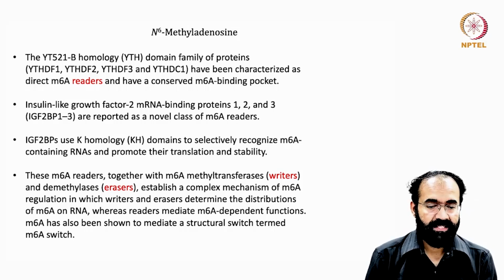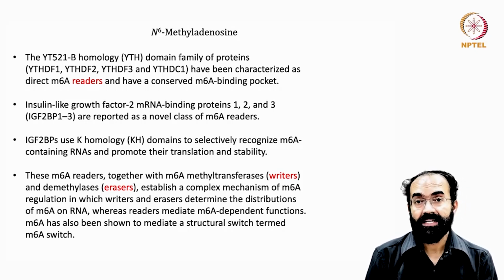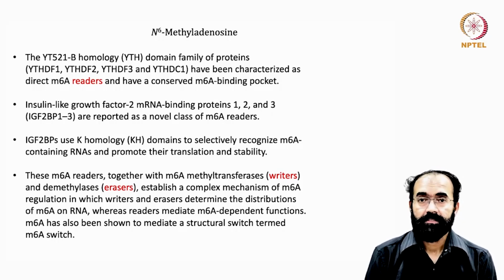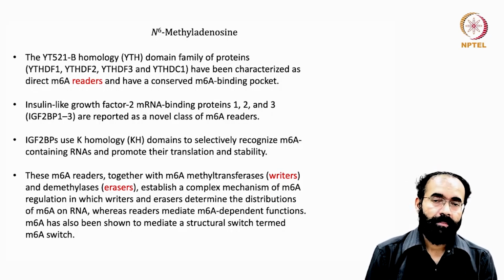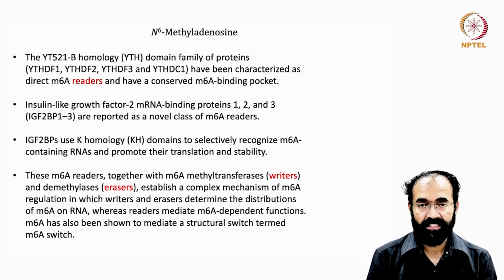One example is insulin-like growth factor 2 mRNA binding proteins 1, 2, 3, that is IGF2BP1 to 3, reported as a novel class of m6A readers. They are joining the group. Say for example, many proteins in a system have a bona fide function where they are supposed to do that particular function.